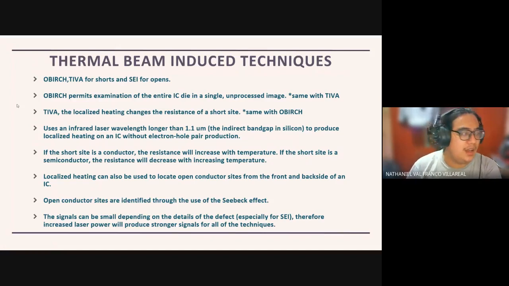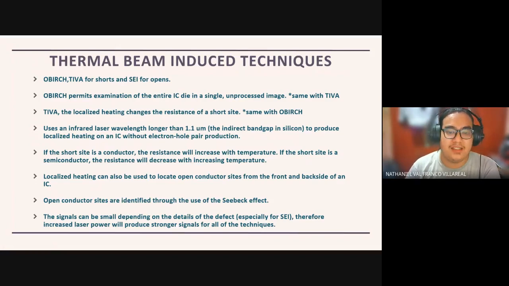This is important: if the short is a conductor, the resistance will increase with temperature, while if the short site is a semiconductor, the resistance will decrease with increasing temperature. As I said before, for short sites OBIRCH and TIVA are used, while for opens SEI is used.